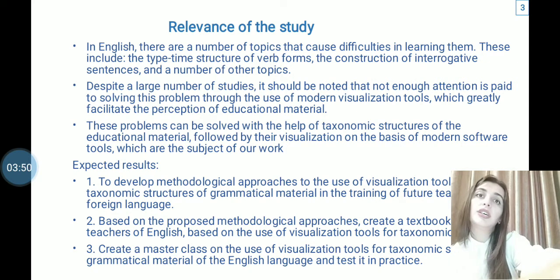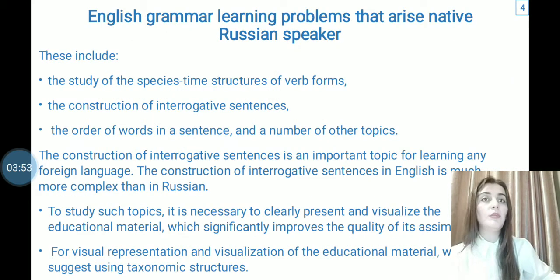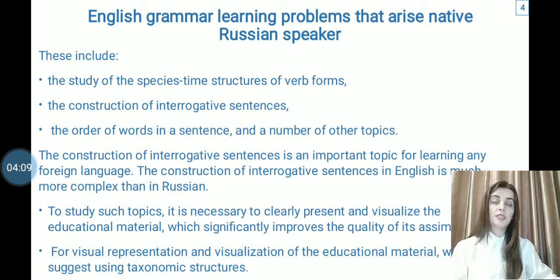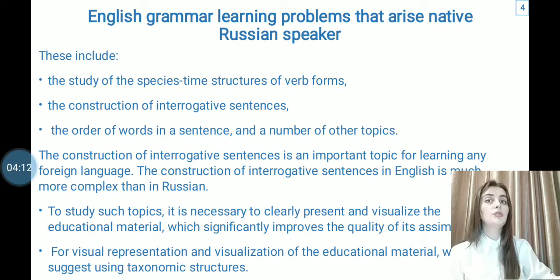Despite the considerable number of works dealing with various problems and developing the potential of ICT in improving the efficiency of professional training of future teachers of foreign language, using the possibilities of visualization tools, namely taxonomic structures of the grammar of the English language, has not received proper coverage, and these problems remain out of sight.